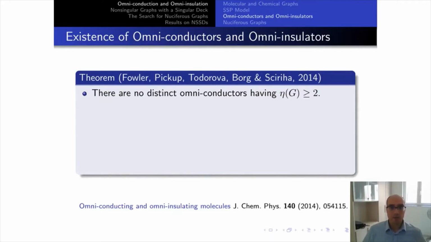And we have the following list of results from the paper Omniconducting and Omni-insulating Molecules by the authors written on the slide. So the first result is that there are no distinct omniconductors whose nullity is greater than or equal to 2.